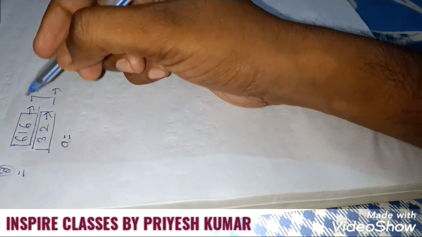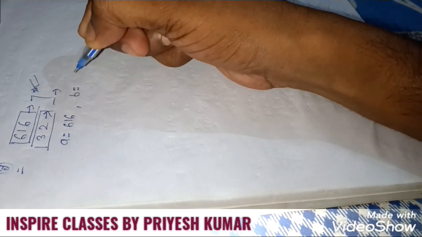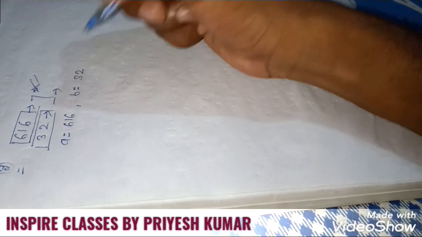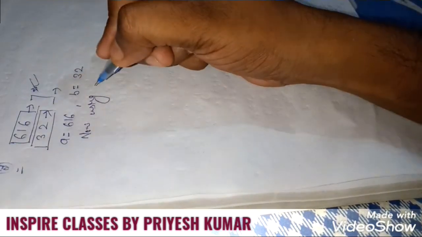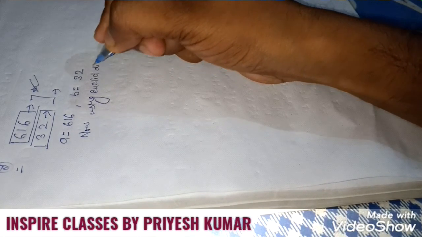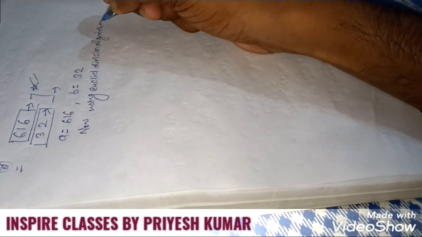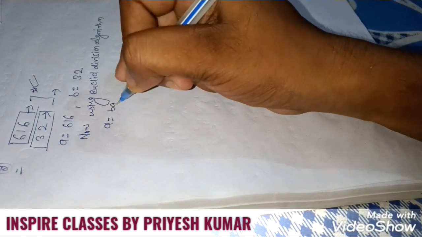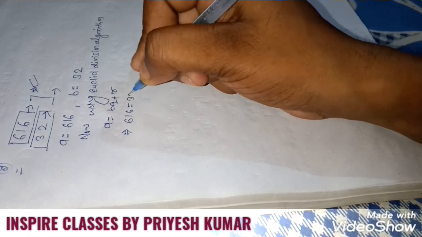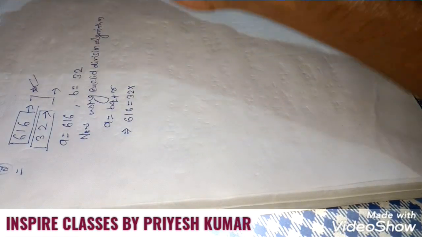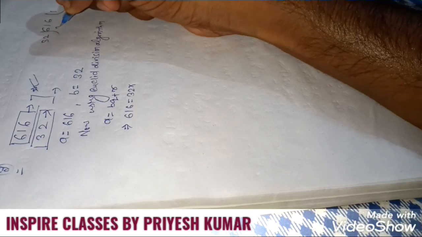The value of A will be always the largest number, that will be 616, and the value of B will be the smaller number, that will be 32. Now using Euclid division algorithm, we know that A is equal to BQ plus R. That's why 616 is equal to 32 into, now you will divide 616 by 32. 32 1 ja 32.